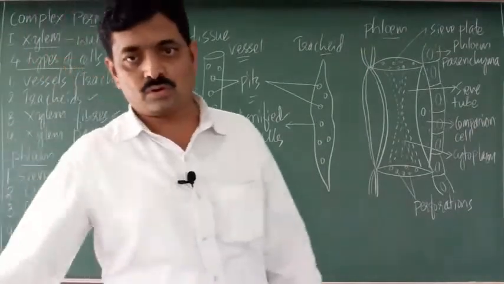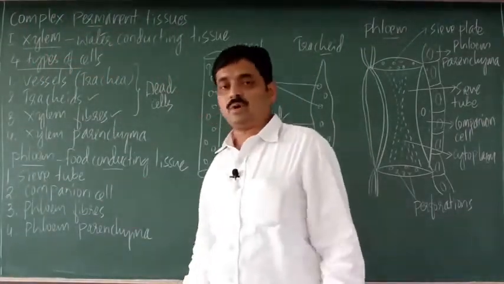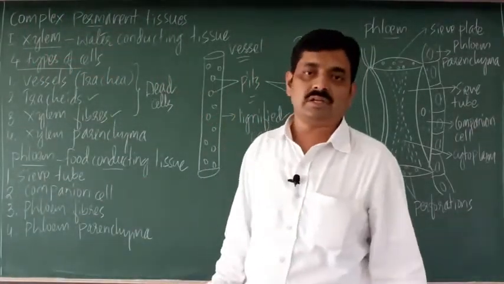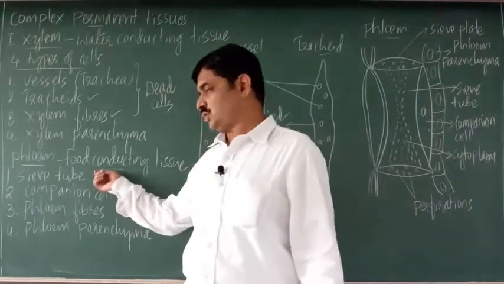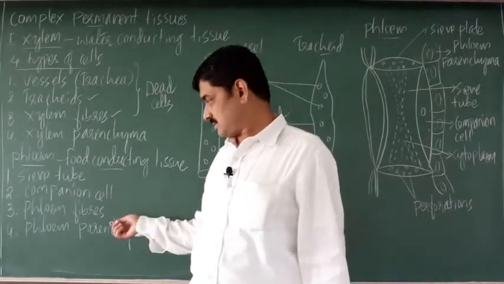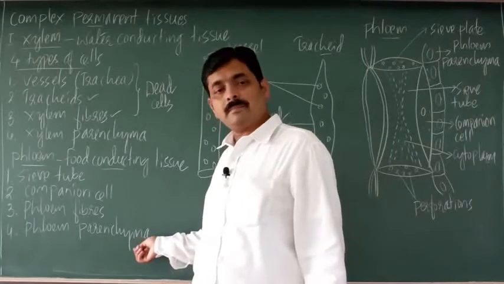So these are the 4 components of phloem, or 4 types of cells present in phloem. So they are sieve tubes, companion cells, phloem fibers and phloem parenchyma.